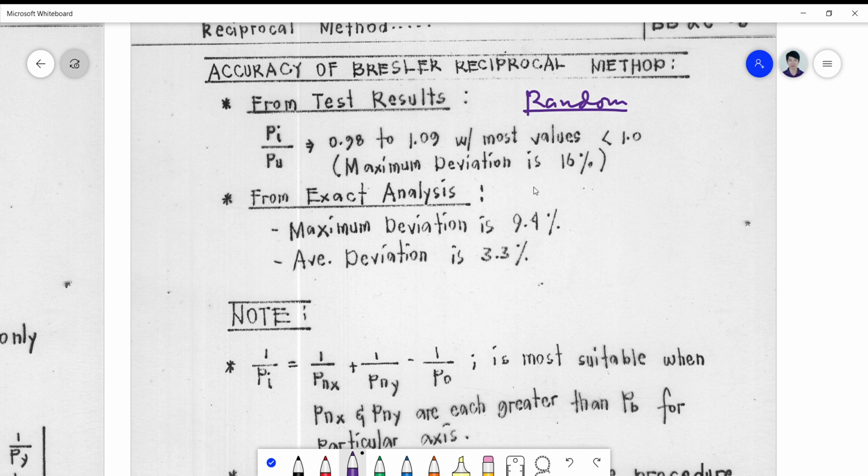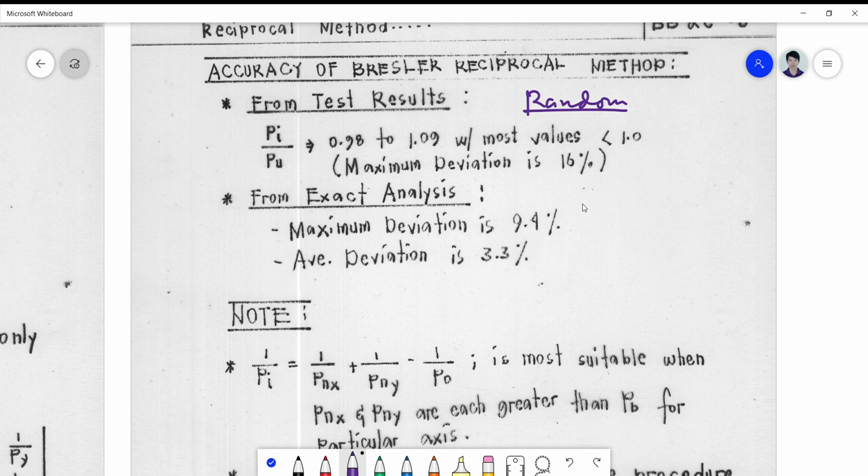But they have a similar deviation in terms of the maximum. Okay, so on the average it's a little bit high when it comes to the deviation. This is 16%, this is 3.3%.